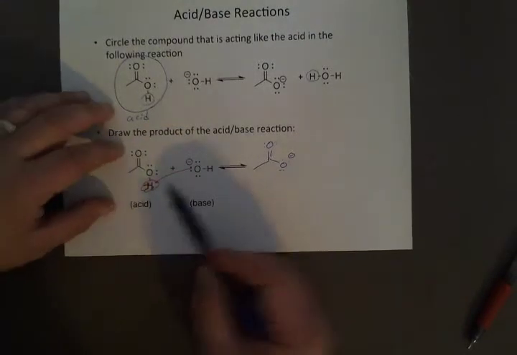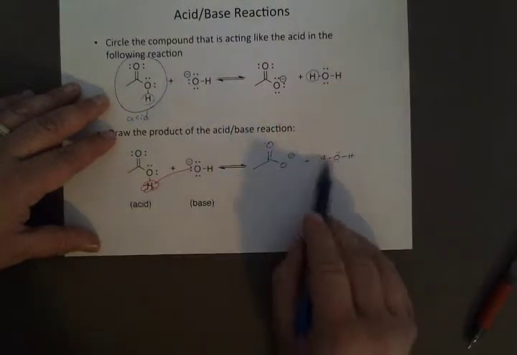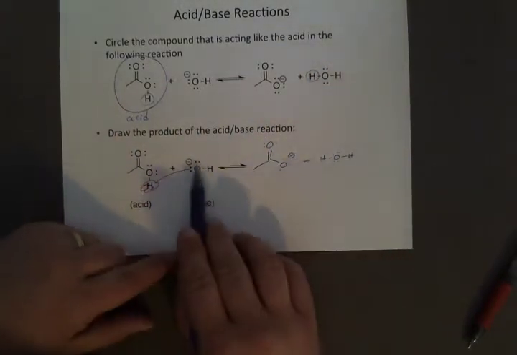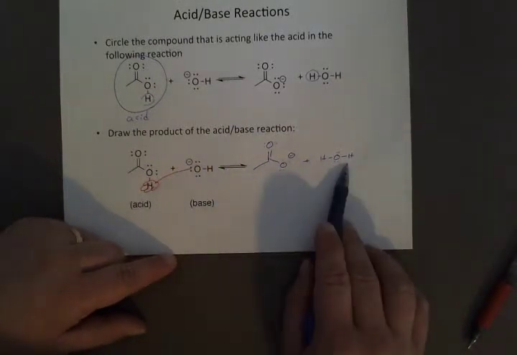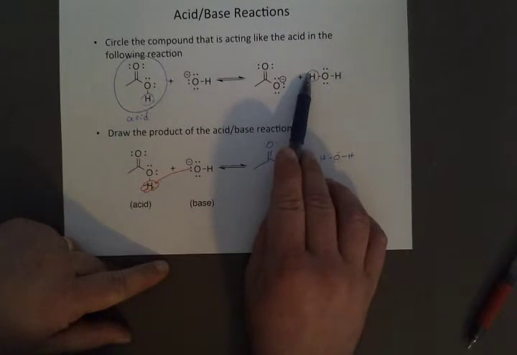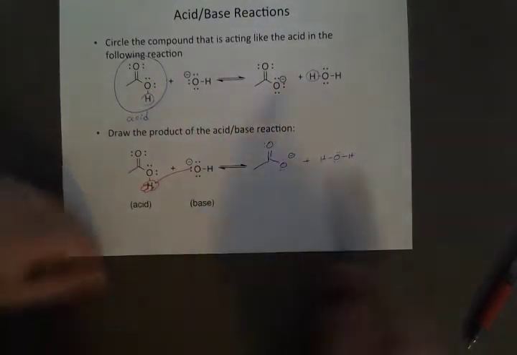And this one goes like this, it gains not only an H but a plus charge, so that plus charge knocks out that negative sign, so it goes here. So here are your products. Okay, so it's either going to be predict the product, figure out which one's the acid, or it's going to be predict the product where I tell you what the acid and the base are. So there you go.